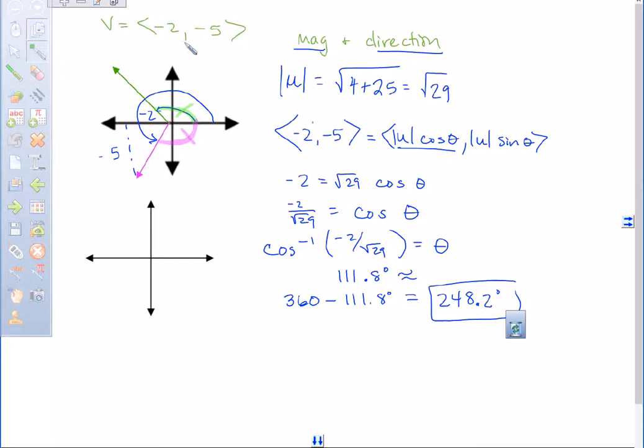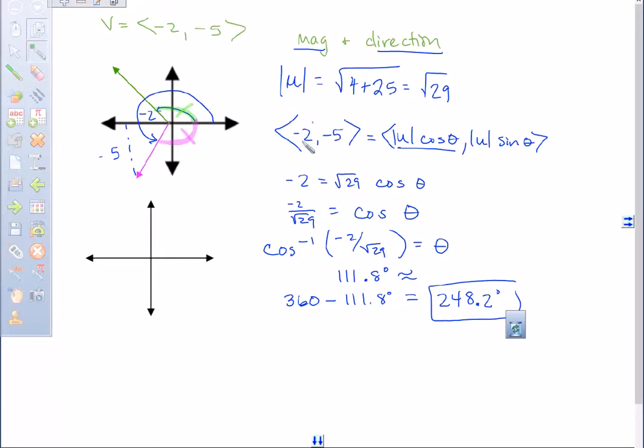Okay, let's take a look at this problem. It tells us that we have the vector -2, -5. We can find the magnitude and direction. So the magnitude of this vector would be the square root of -2 squared, which is 4, and -5 squared, which is 25. So its magnitude is the square root of 29.